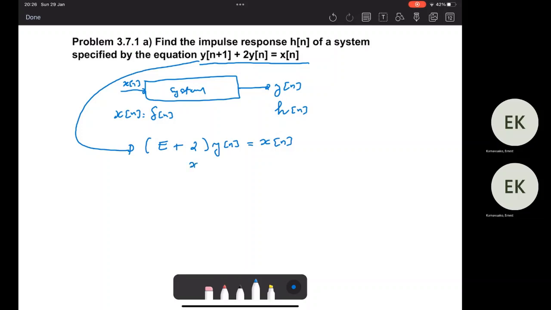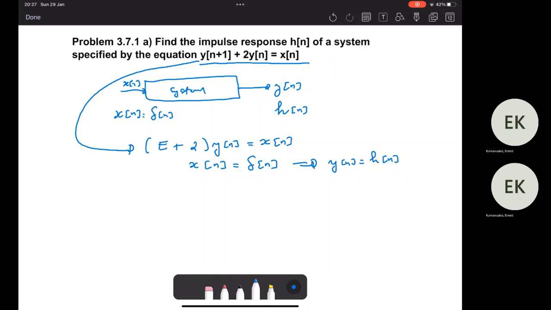Now our input is equal to the delta function, which generates an output y[n] equal to h[n].